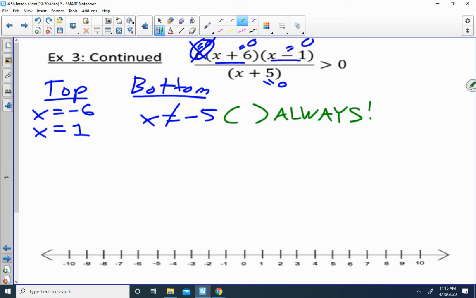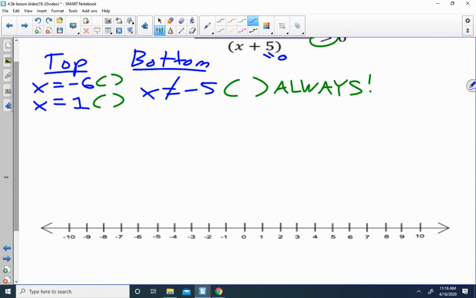All right. And then for the top, look at our inequality. It's strictly greater than, no equal to sign, so our two tops will also be open. Okay, we got all the tools we need. Now let's put those on the graph. First, we have a border at negative 6 with open parentheses.